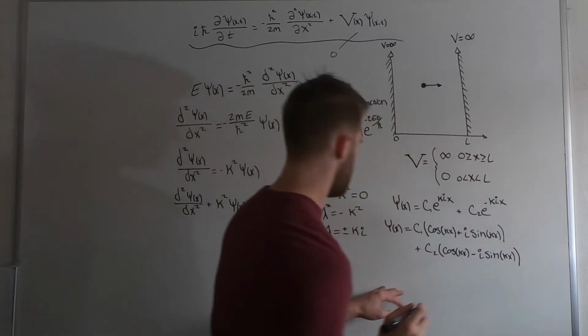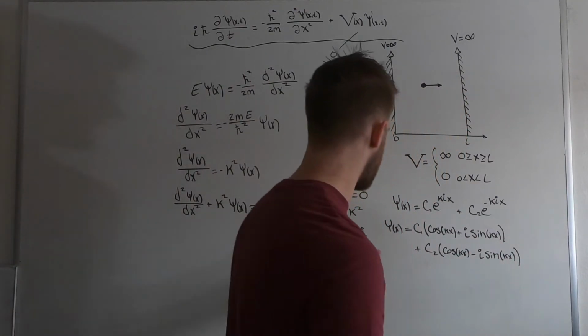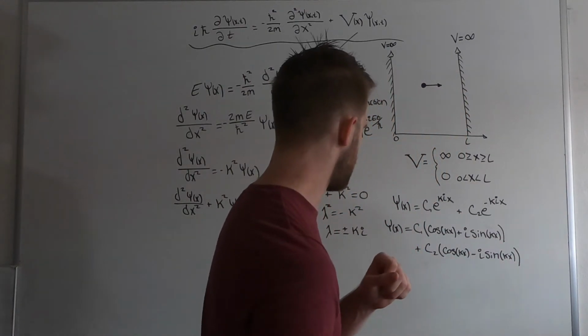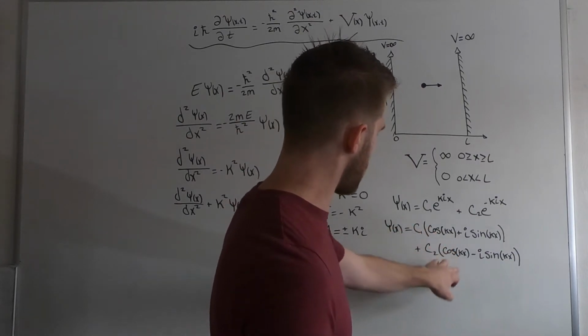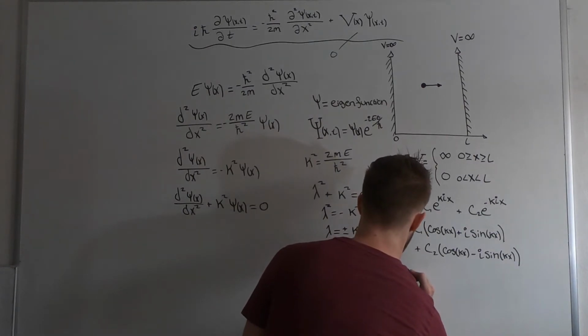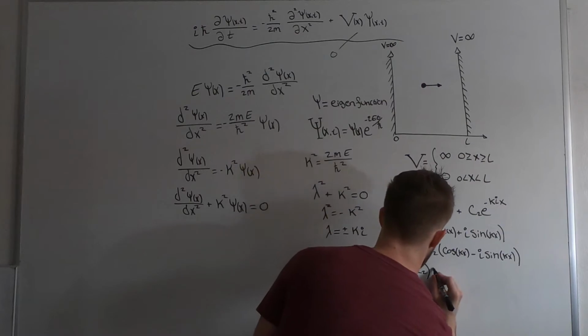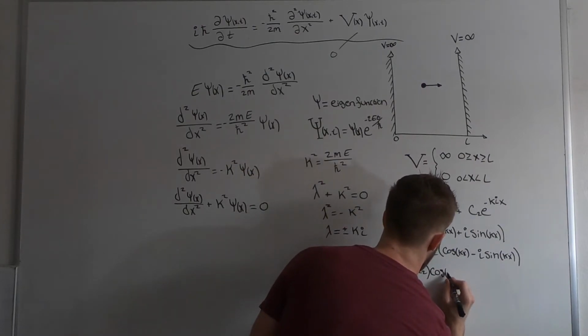Now we can manipulate some of these and put together our like terms. Let's put together our cosine terms, which means we have this equal to C1 plus C2 times cosine of kx.